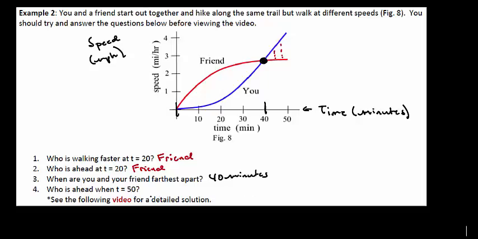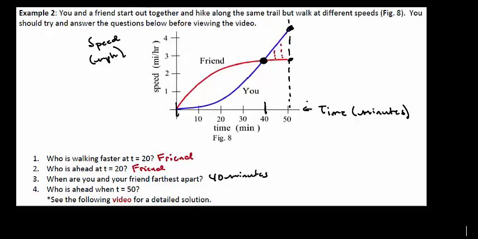Who is ahead at t equals 50? So let me just extend this just a little bit. So here's your speed. Here's your friend's speed. Now the question is did you have long enough to catch up to your friend?